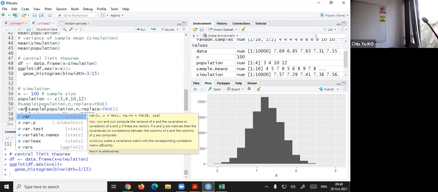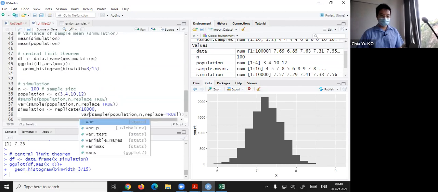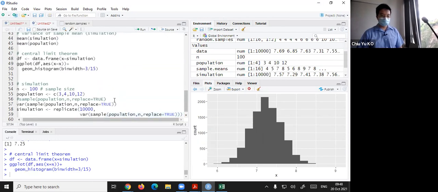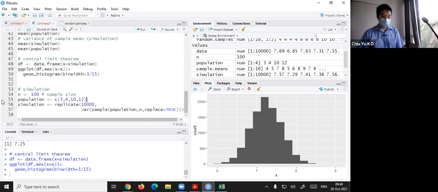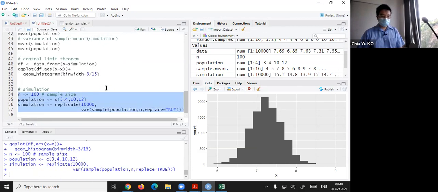You can calculate the sample variance. I don't need this line this way. And I run this. Basically, I generate many sample variances, 10,000 sample variances.